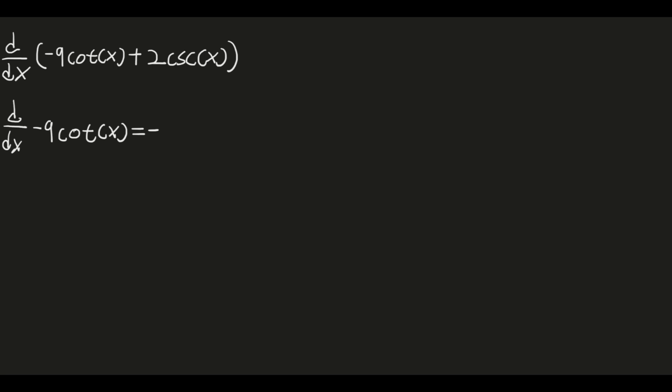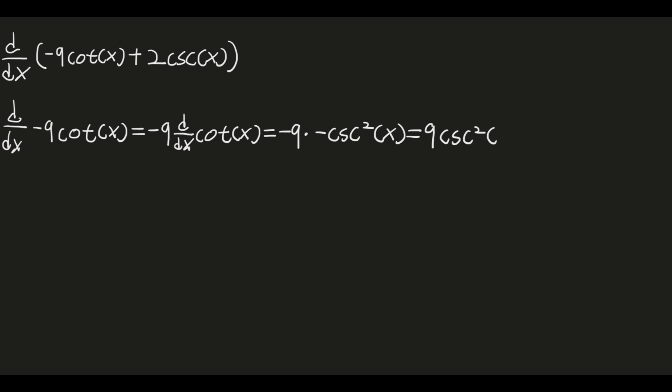We can drag out the negative 9 and take the derivative of cotangent x separately. And then we could write out negative 9 times the derivative of cotangent x, which is negative cosecant squared x. Now we are multiplying two negative values, so this would get us a positive, which is 9 cosecant squared x.